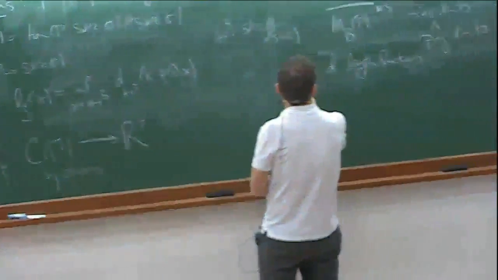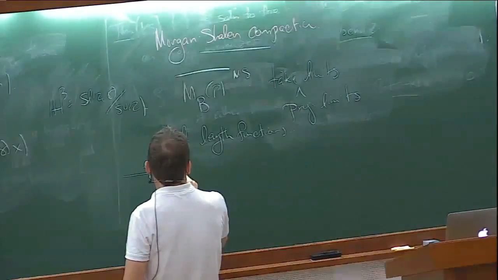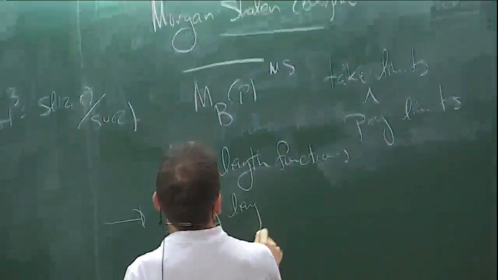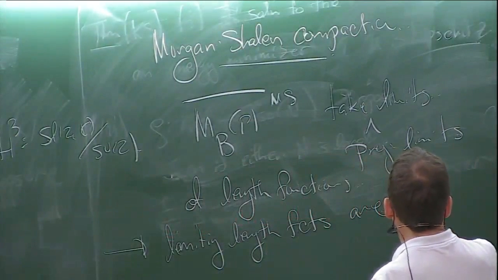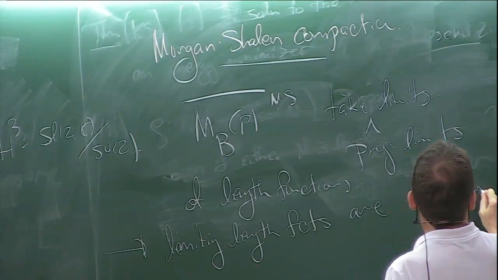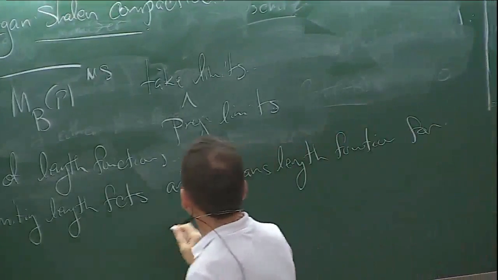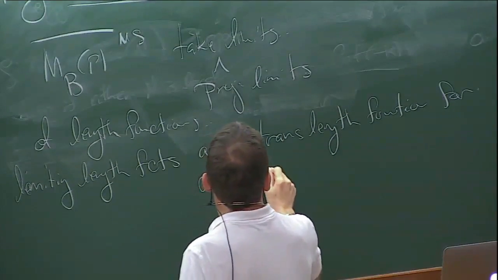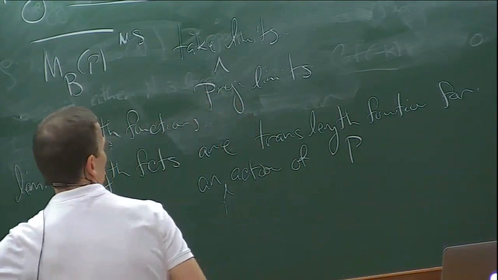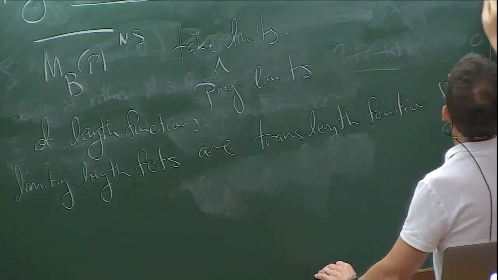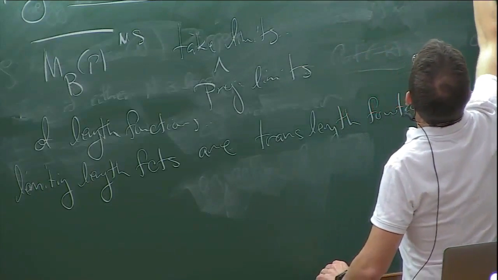And what they show is that the length functions that appear in the limit, the limiting length functions, are the translation length functions for an isometric action of gamma on an R tree.